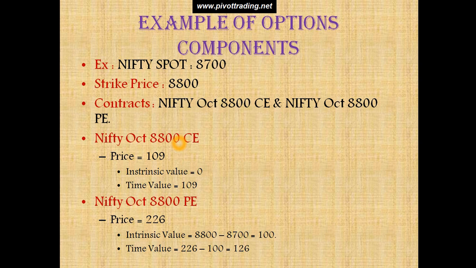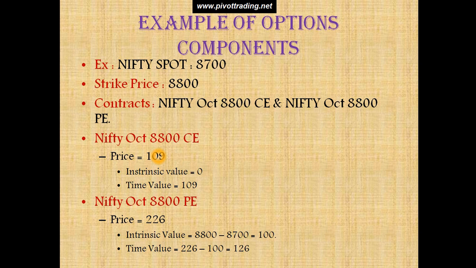But you think that over a period of time, in the one month until expiry, there could be huge progress in the Nifty. So what you're saying is I want to buy Nifty at 8800. Since the price is 8700 and you are very optimistic, the price has not yet reached 8800, but still you want to buy, and you see the price is 109.